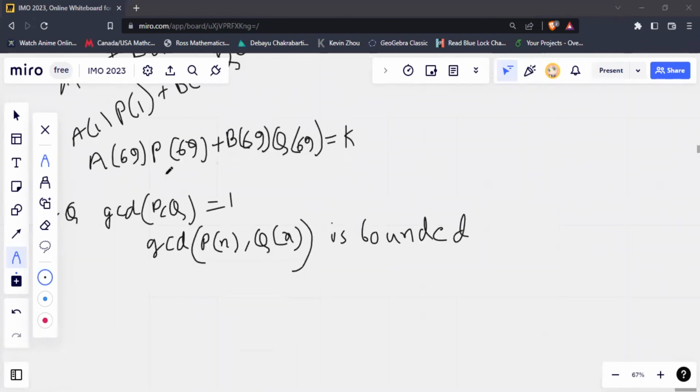Also, by the way, I forgot to tell you, this is also true for rational polynomials, as in polynomials with rational coefficients.